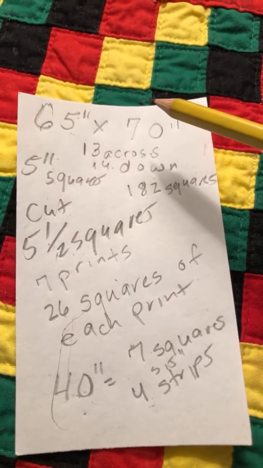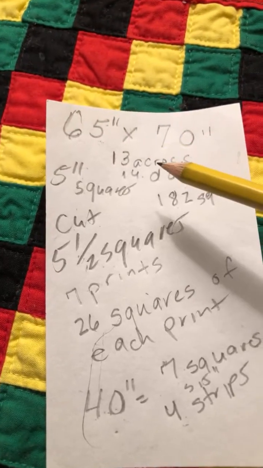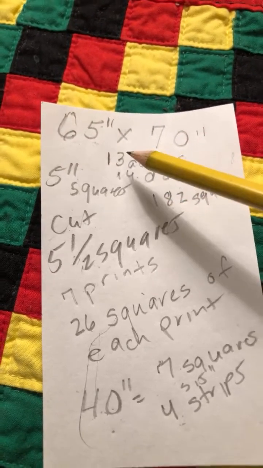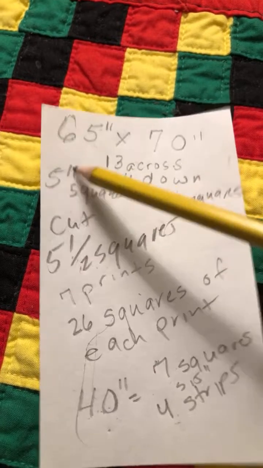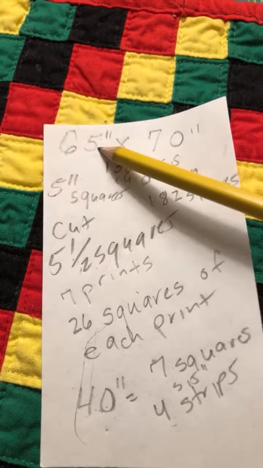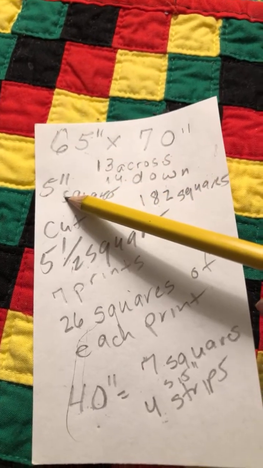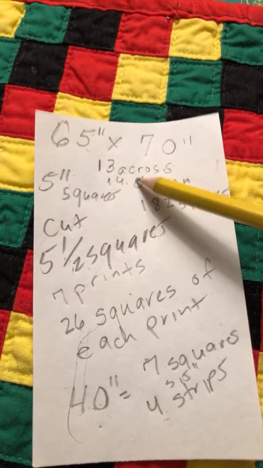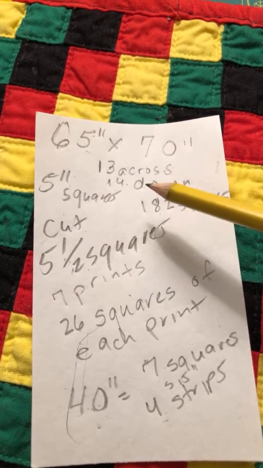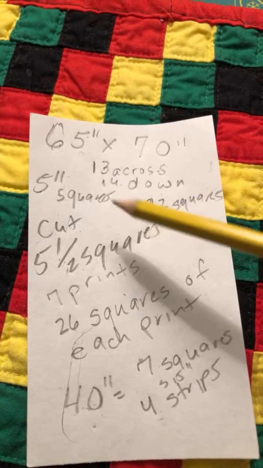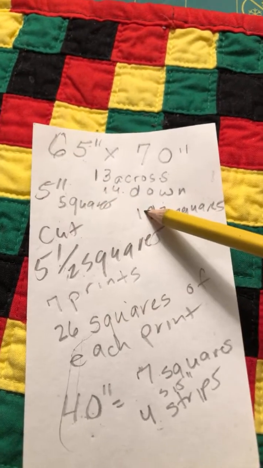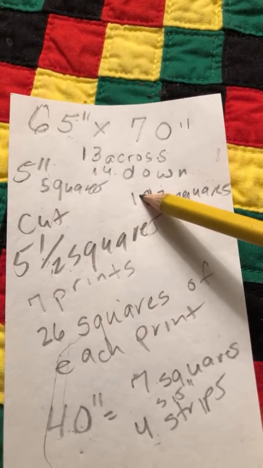So you take 65 divided by 5, which is 13, and then 70 divided by 5 was 14.